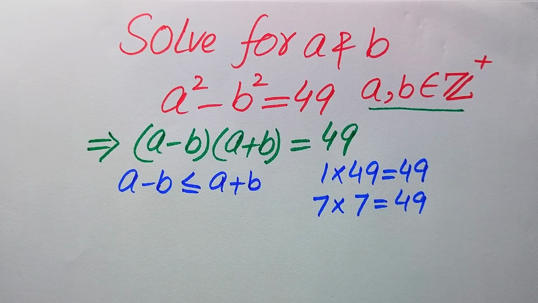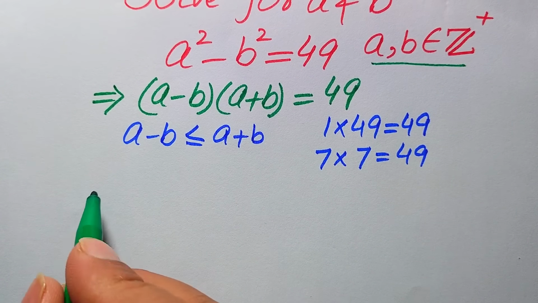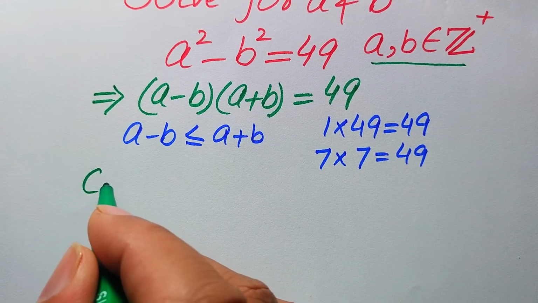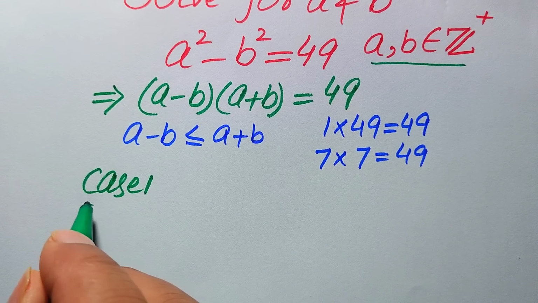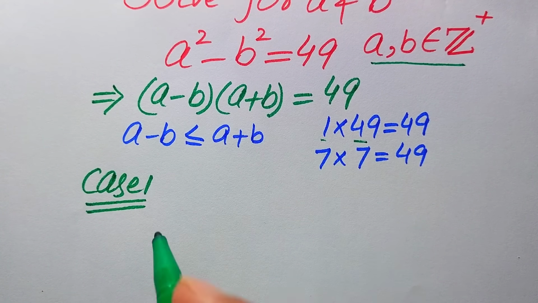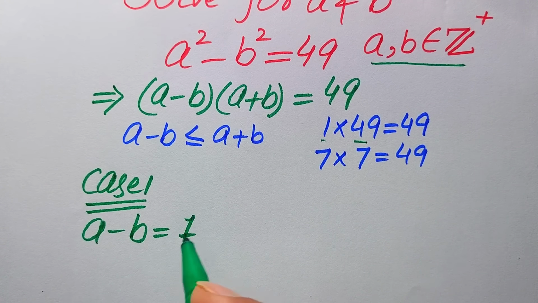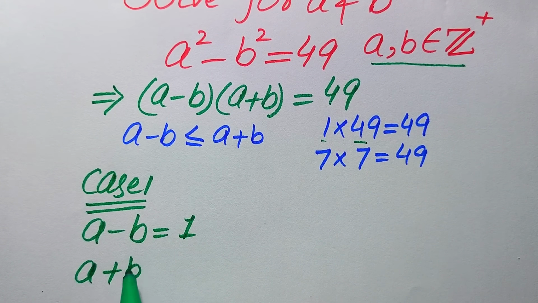Okay, so here we divide this equation into two cases. In the first case we compare both of these two factors with 1 and 49, and it will be written as a minus b equals 1 and a plus b equals 49.